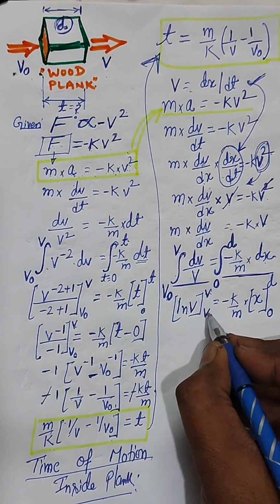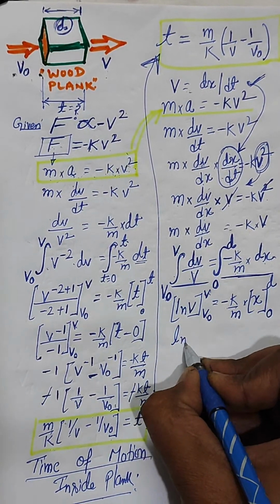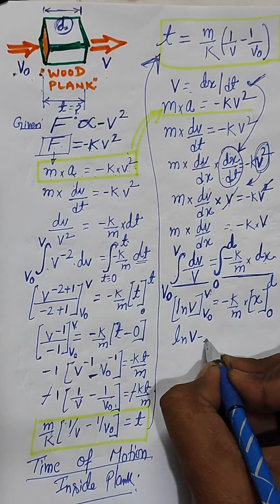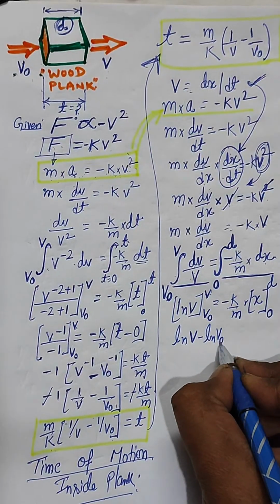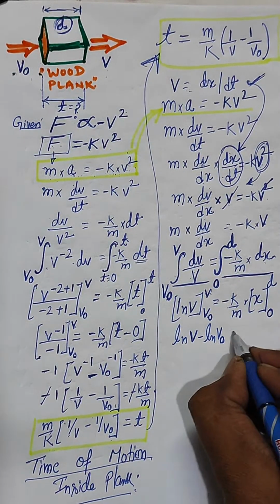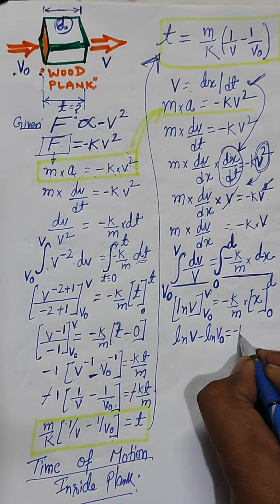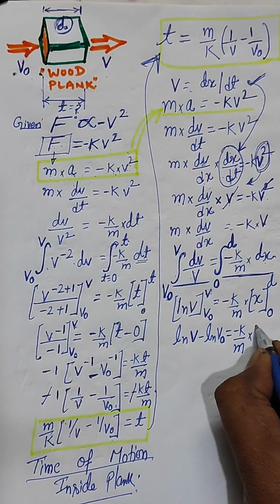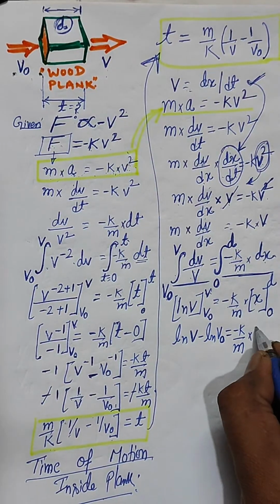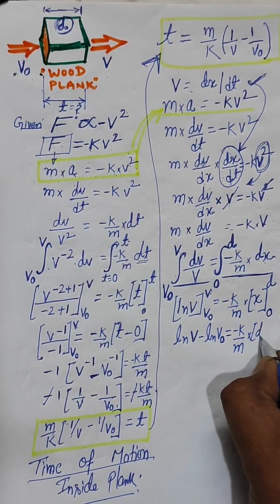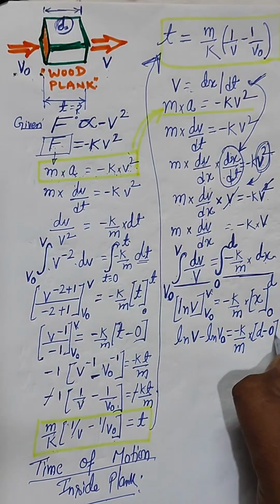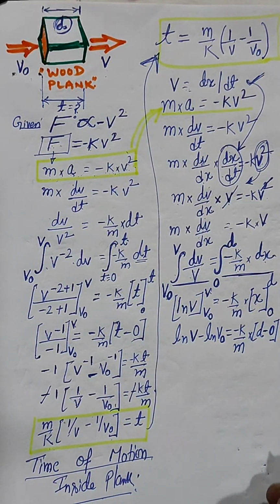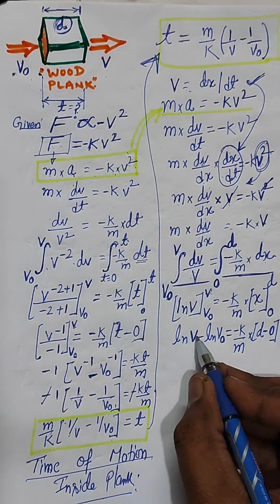When you put the lower limit and upper limit, it will become ln of v minus ln of v0, right, is equal to minus k by m into the value of x from 0 to d, that is simply d minus 0, right?